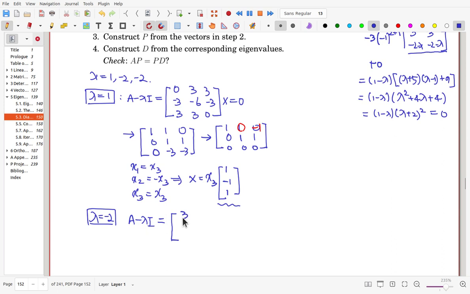Now that is 3, 3, 3, and now there is a -3. Okay, there's -3 again, -3. And 3, 3, 3. Okay, we have to solve the homogeneous system.